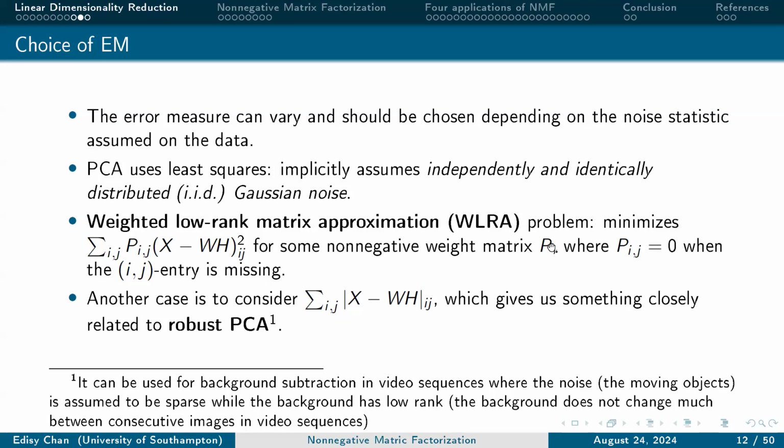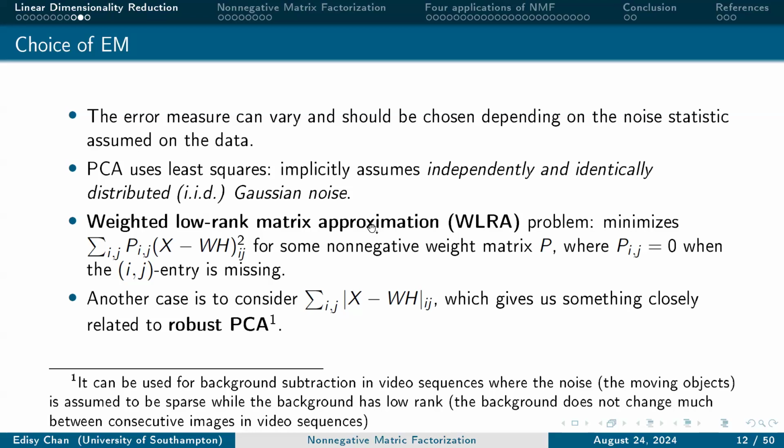The weight is a non-negative weight matrix, and the ij entry of that matrix will be 0 if the ij entry of the data set is missing.